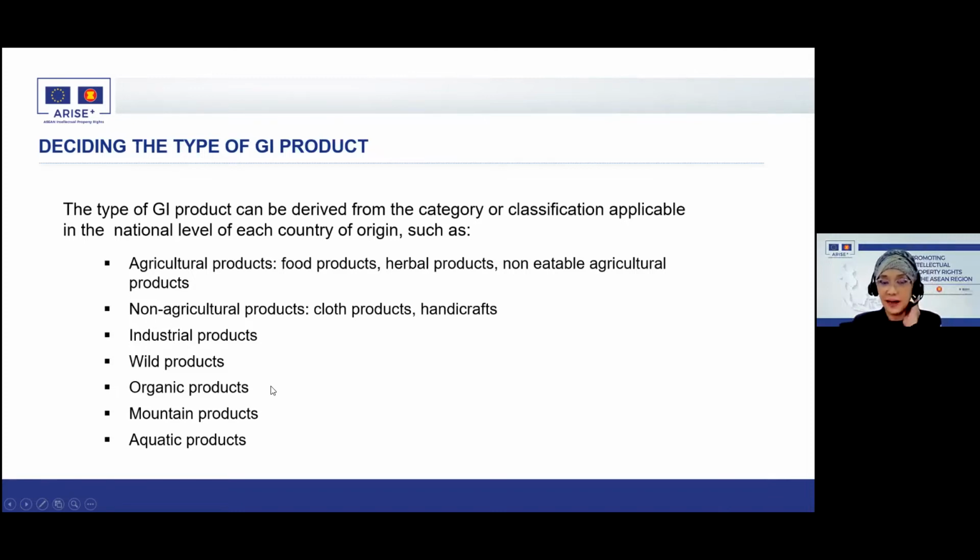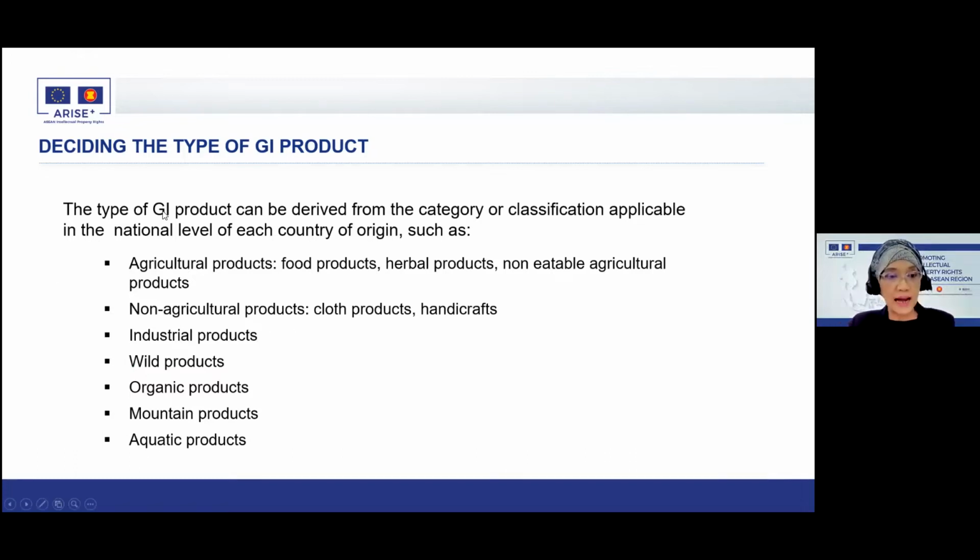Now, after designing the name of GI, how to design the type of GI product? We haven't got any unified classification of types of GI products like the Nice Agreement for trademarks or classifications for patents or industrial designs, but we can modify or learn from different classifications conducted or defined by many countries.